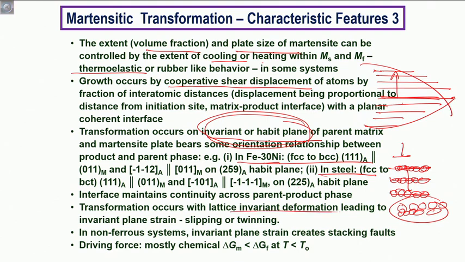This invariant deformation that happens in case of martensitic transformation leads to invariant plane strain, and of course there is no slipping, but this can lead to the formation of a certain amount of twin. So it is quite commonplace that certain martensites would be largely twin martensite.